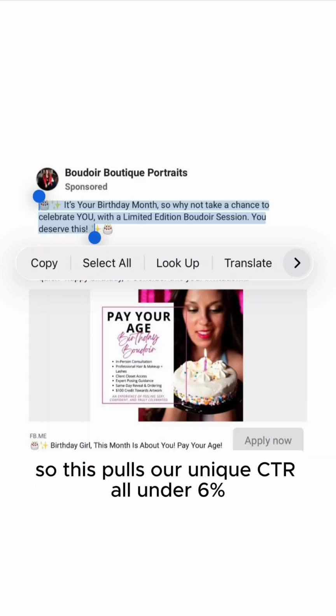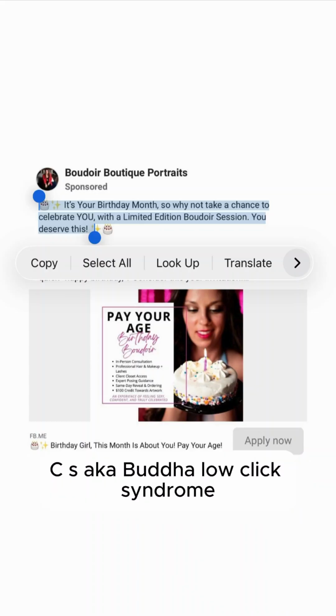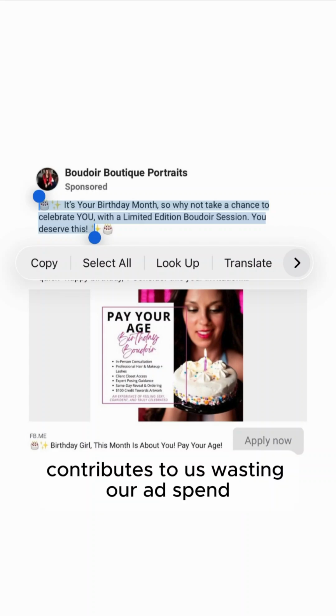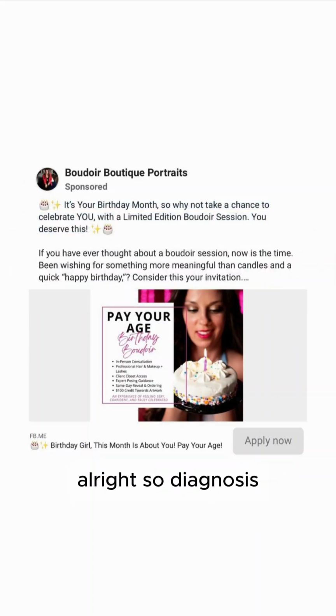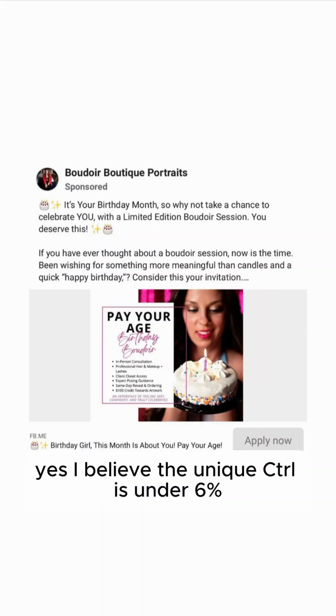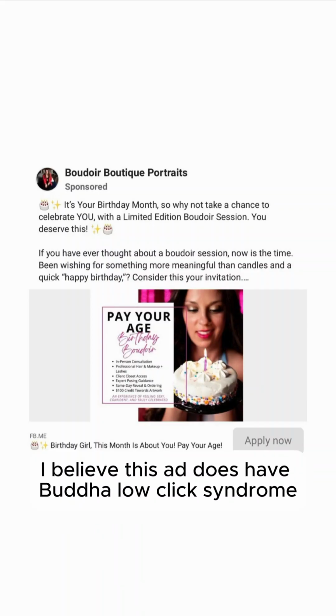So this pulls our unique CTR under 6%, contributes to BLCS, aka Boudoir low click syndrome, and contributes to us wasting our ad spend. All right, so diagnosis: do we believe this has BLCS, aka Boudoir low click syndrome? Yes, I believe the unique CTR is under 6%. Therefore, I believe this ad does have Boudoir low click syndrome.